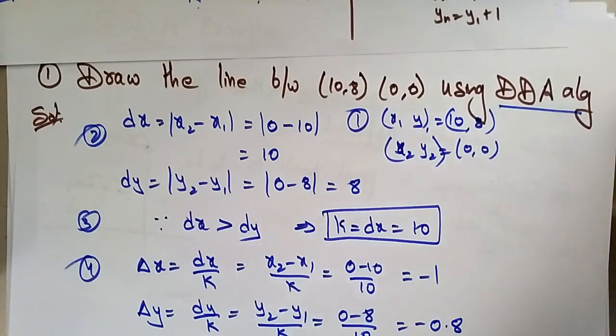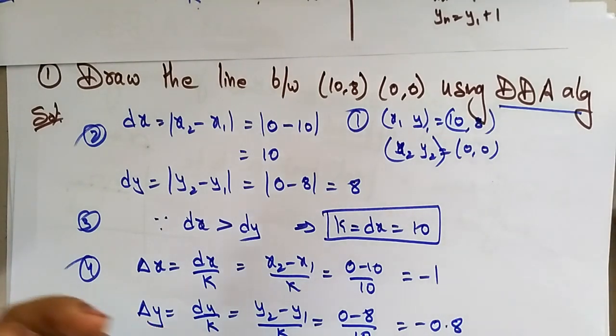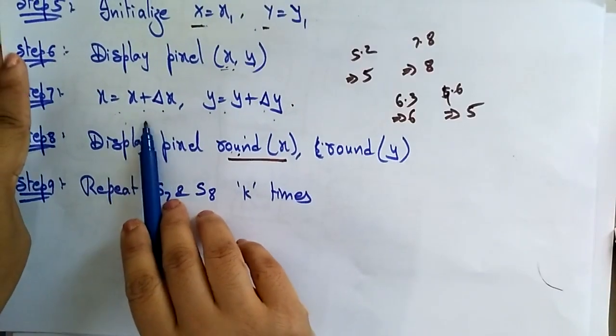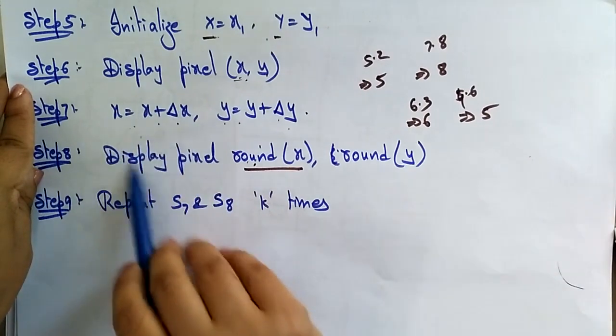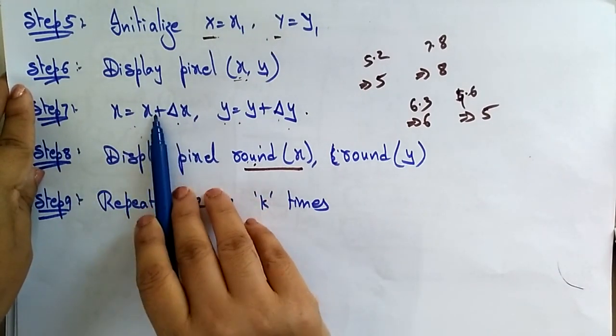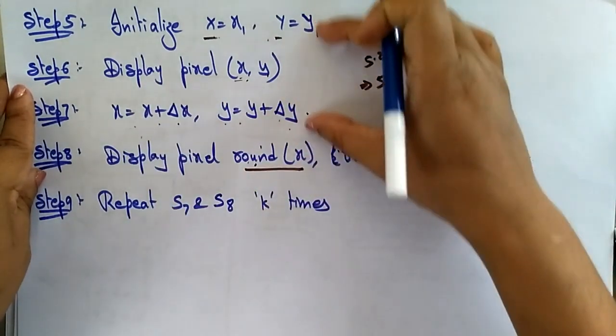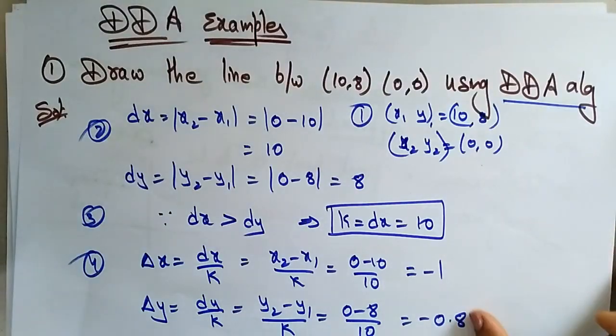After step 4, what is step 5? The step 5 is to find the iterations. You have to initialize the value, display the pixel, and then add the incremented value, which you get by adding the previous value plus delta x. All these steps I will represent in tabular form.